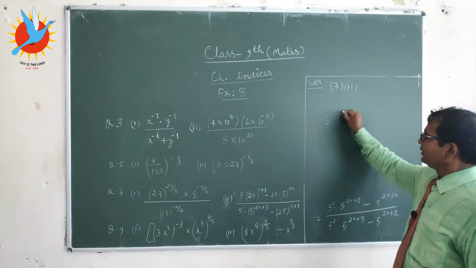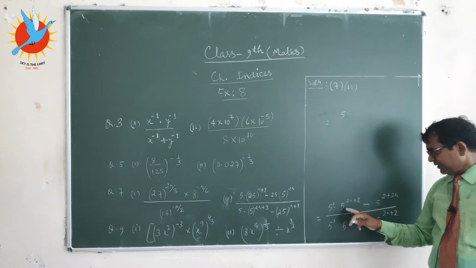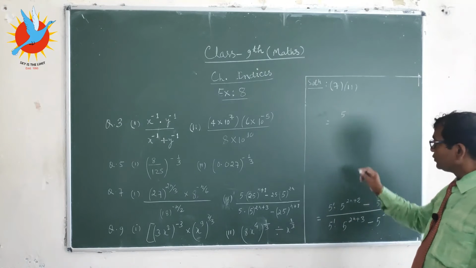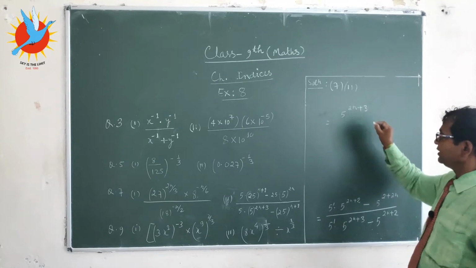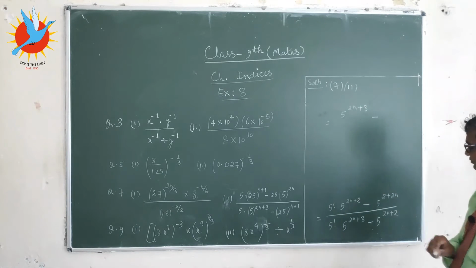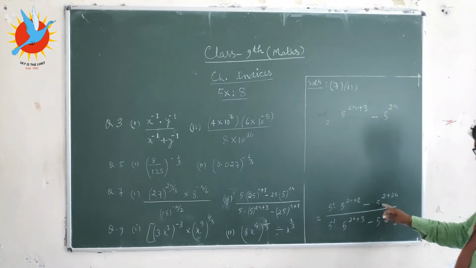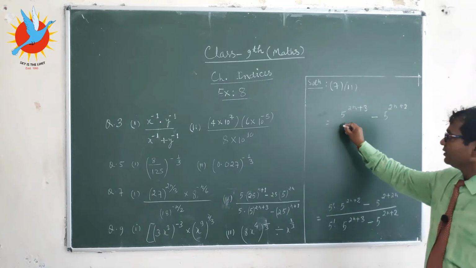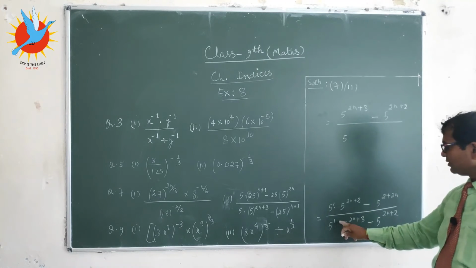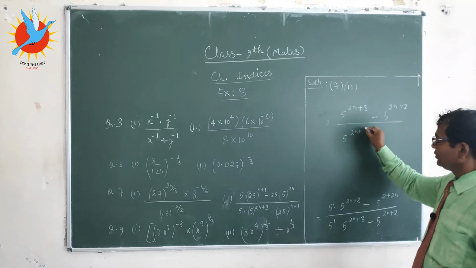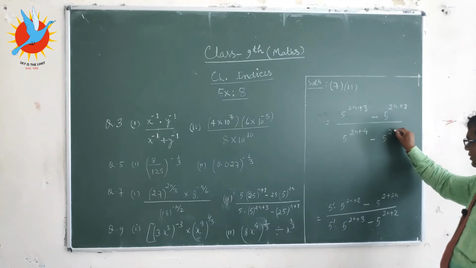This will become 5 to the power, this can be written as 5 to the power 2n, and if you add this, 2n plus 3 minus 5 to the power 2n plus 2 upon 5 to the power 2n plus 4 minus 5 to the power 2n plus 2.